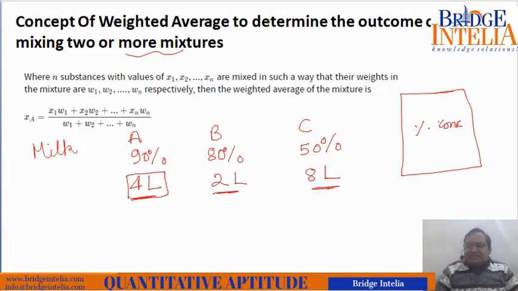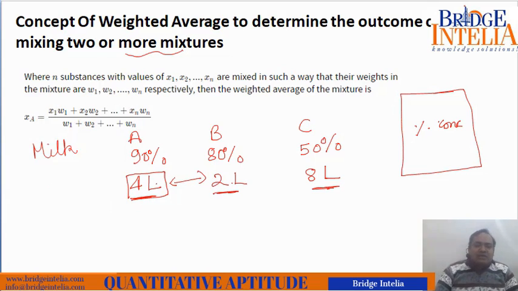If you are mixing 4 liters with 2 liters with 8 liters, the final quantity is already known: 4 plus 2 is 6, 6 plus 8 is 14. So the final quantity is going to be 14 liters. What we need to calculate is the percentage concentration.